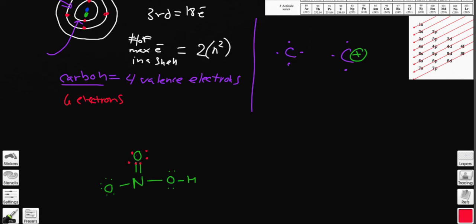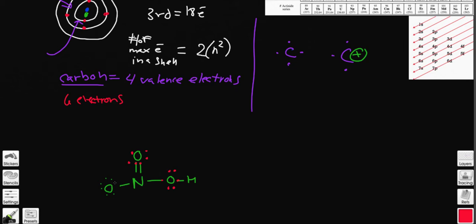This oxygen is happy because it has 6 valence electrons. What about this oxygen? 1, 2, 3, 4, 5, 6. Yeah, that oxygen is also happy.